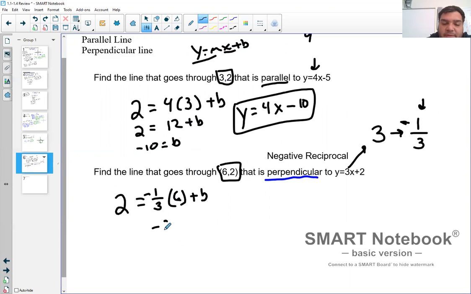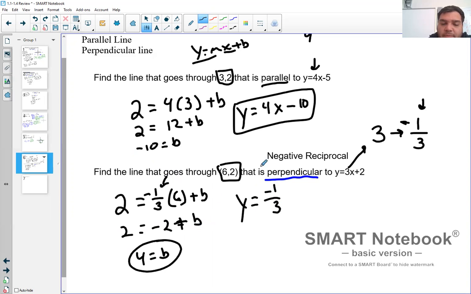So -2 plus b equals 2. Add 2 to both sides, 4 equals b. So your answer here is y equals -1/3 x, you keep the slope you used over here, plus the 4 I just found. That's my new equation.